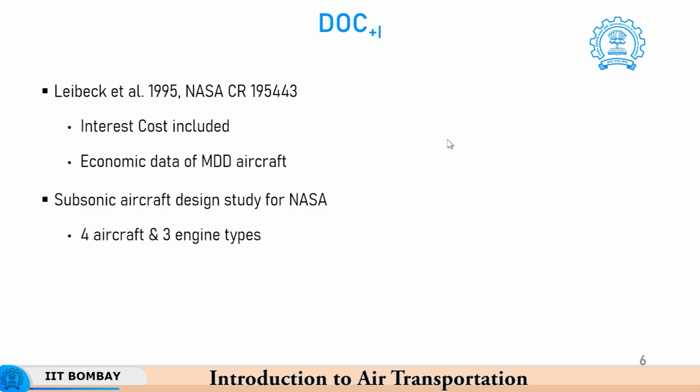This model was based on the subsonic aircraft design study carried out for NASA involving 4 aircraft and 3 engine types in those 4 aircraft, and equations were provided for each aircraft type.